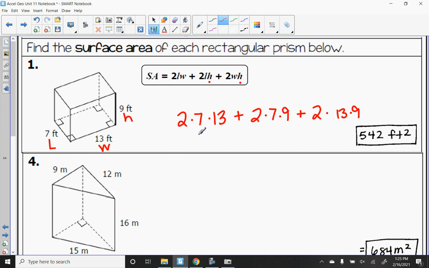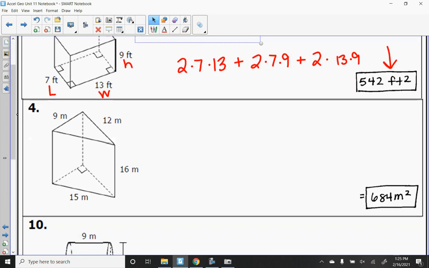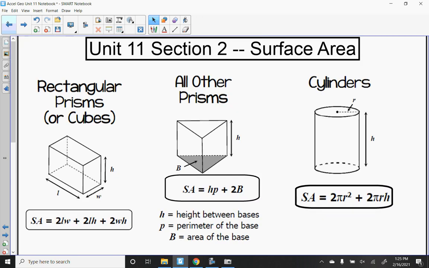And all that should get you 542. All right. So our next one is a triangular prism. So our triangular prism is in the middle here.